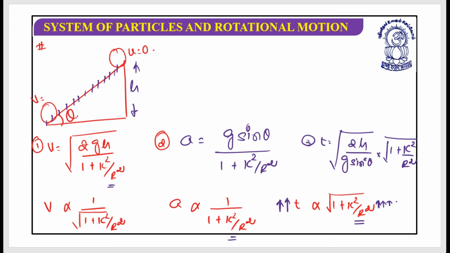Again, objects having a higher k square by r square will have a lesser velocity. So I hope you can connect it: if k square by r square is higher, the time is higher. Why is the time required higher? Because their velocity is lower. I hope this is clear. Now you can connect it. Great. Let's talk about the acceleration. If k square by r square is higher, their acceleration would be lower. I hope this is clear.